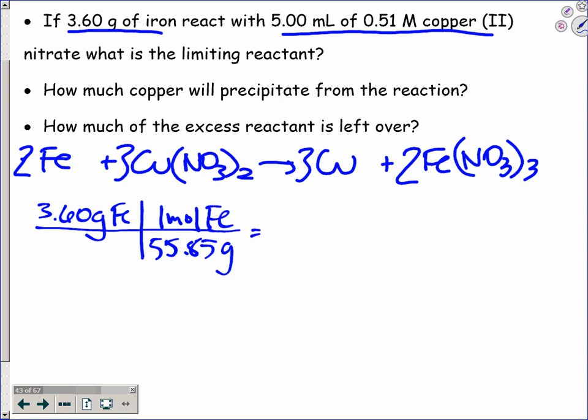All right, any calculation here? Give me one more. 0.064. Okay, so what we have so far is that the iron grams provided gave us 0.0644 moles of iron that we initially have.